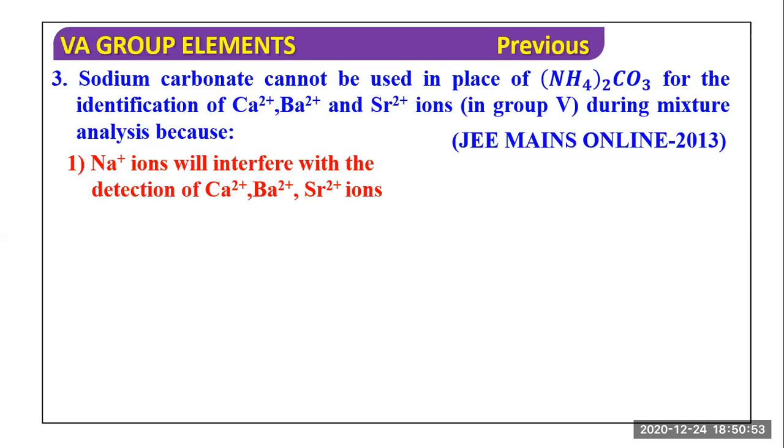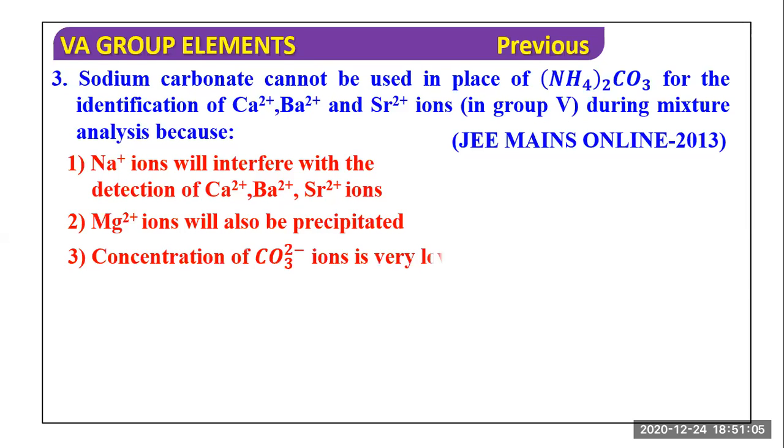Option 2, magnesium 2+ ions will also be precipitated. Option 3, concentration of carbonate ion is very low. And option 4, sodium ion will react with acid radicals. Which one is the correct answer?